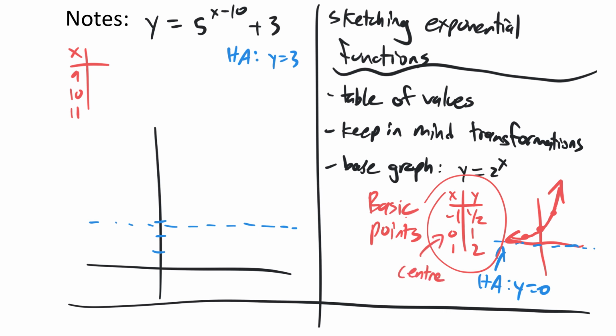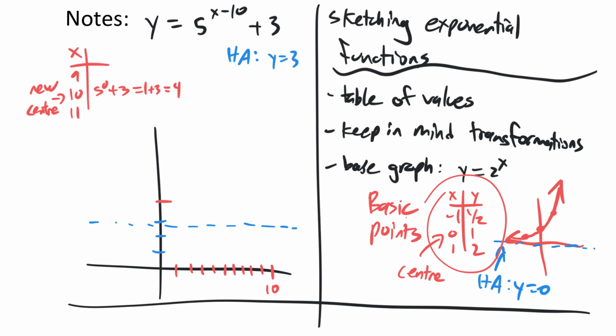And so now the new center will be over here. When we plug in 10, 10 minus 10 is 0. So 5 to the 0 plus 3, which is 1 plus 3, which is 4. So over here on the x-axis, 1, 2, 3, 4, 5, 6, 7, 8, 9, 10.